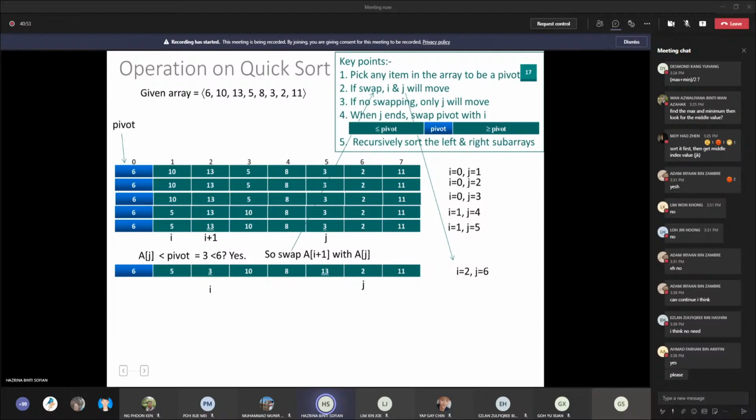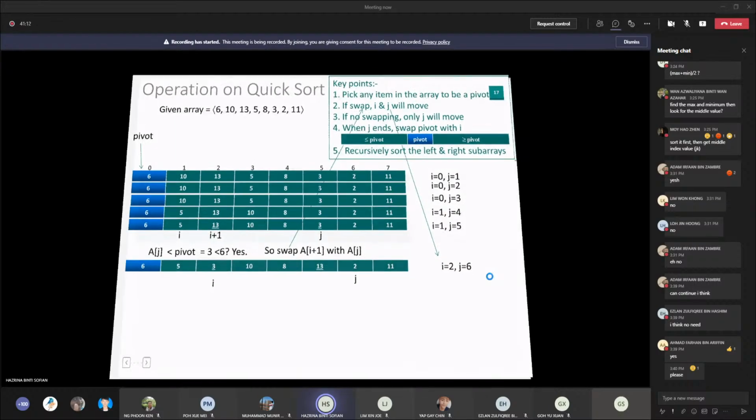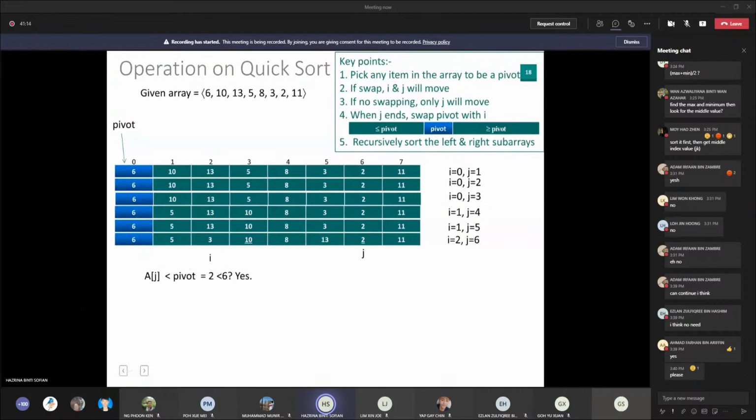Okay. So right now, because it swapped, i and j will move. So i will become 2, j will become 6. Then we repeat. Now we check if the value of j is smaller than the pivot.